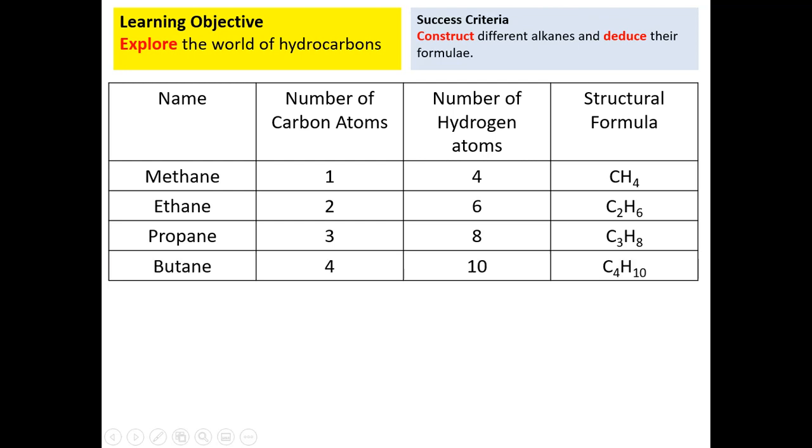And lastly, for the ones I want you to do right now, butane, 4 carbon atoms, 10 hydrogen atoms, C4H10.